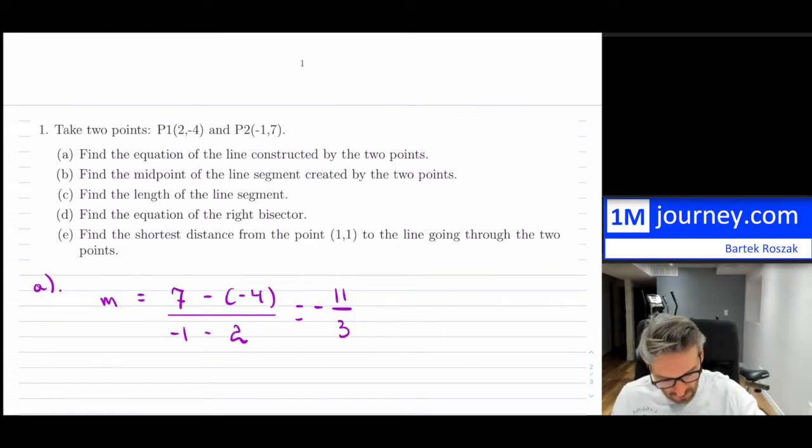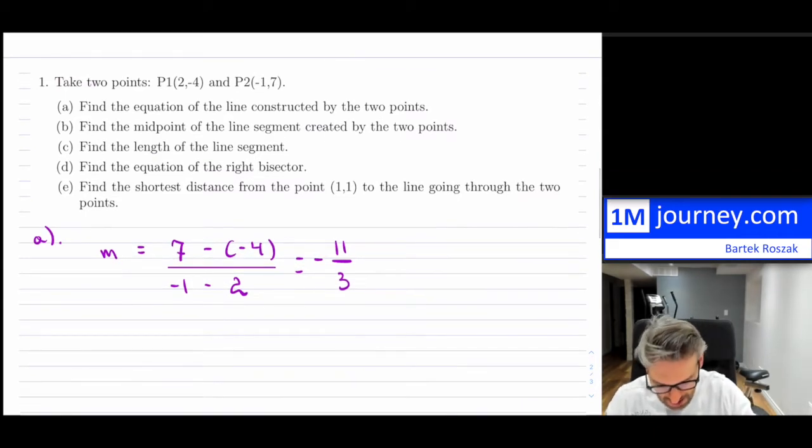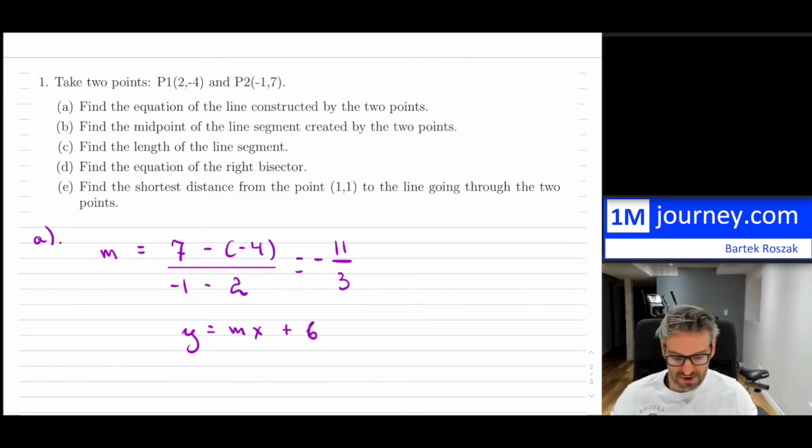Once we have our slope, we can take the equation of the line, y is equal to mx plus b, substitute the slope, substitute one of the points, and then we can find our y-intercept and we have our line. I'm going to take that first point there.